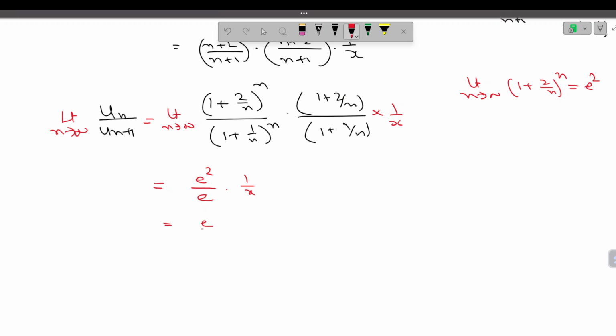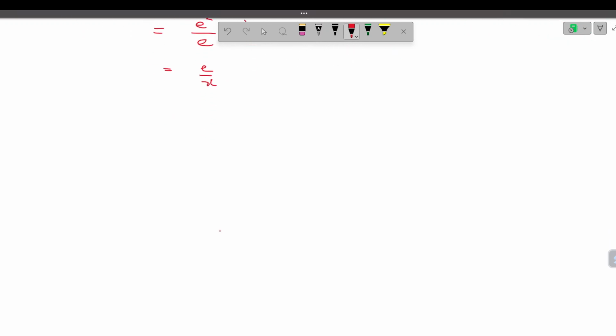So this will be e by x. The answer is e by x. Limit n tends to infinity of un by un plus 1 equals e by x. By the ratio test, e by x greater than 1, convergent.